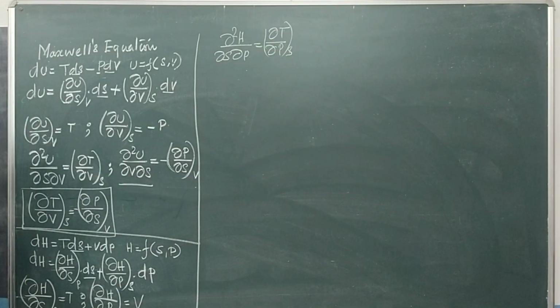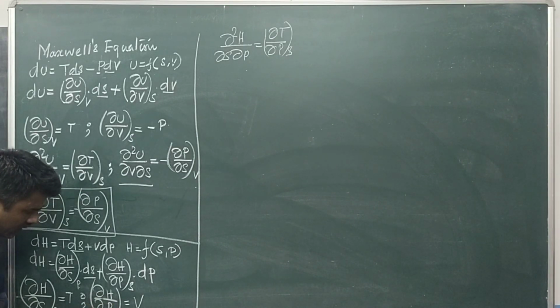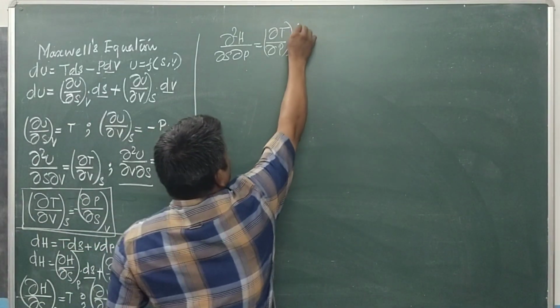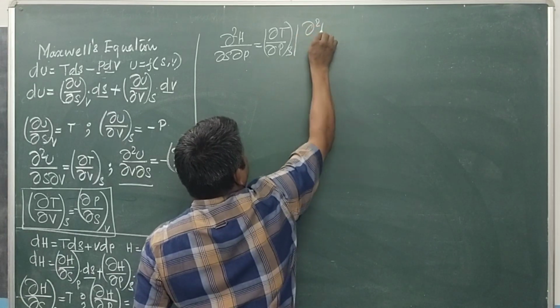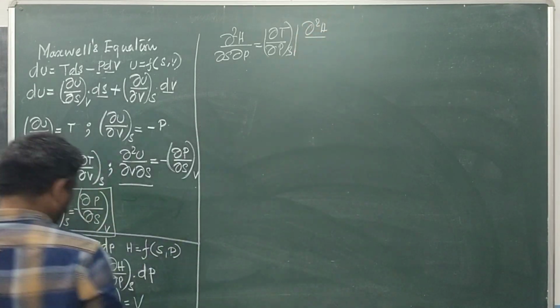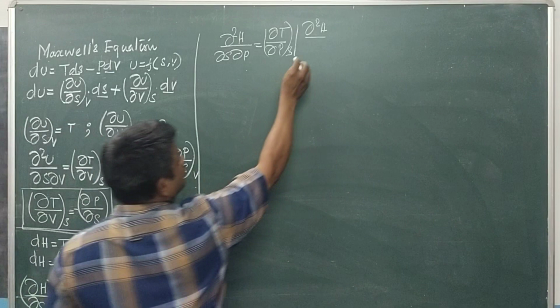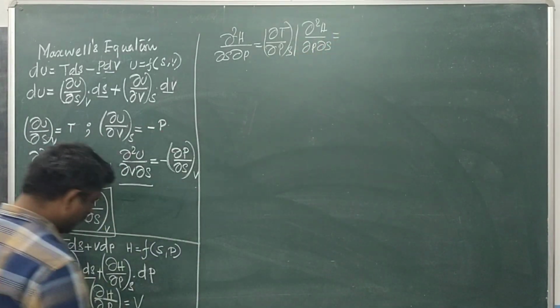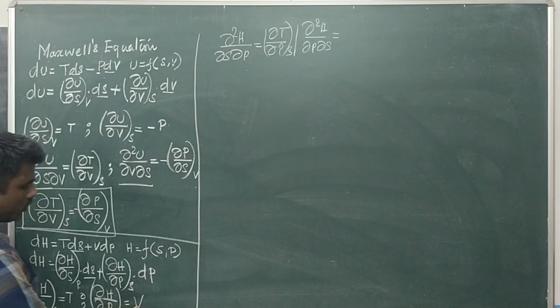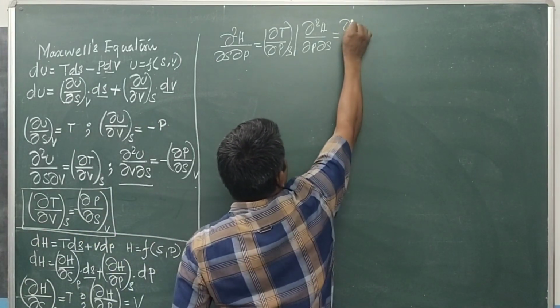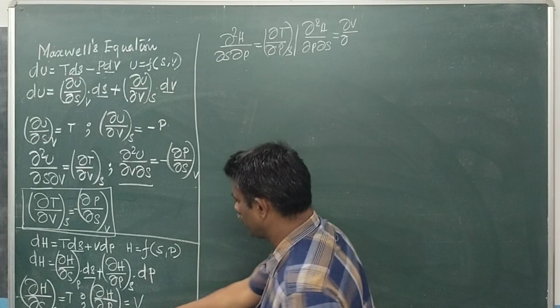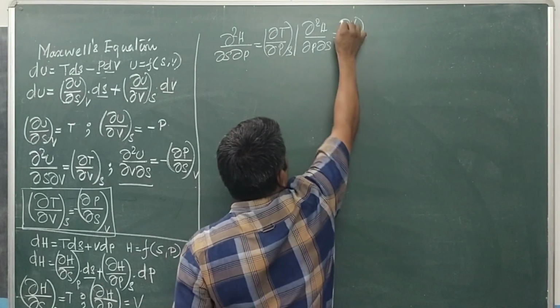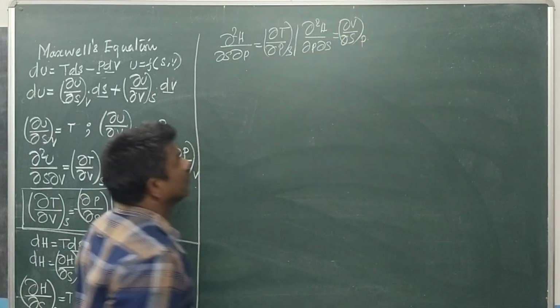In this equation, second differentiation with respect to S at constant pressure: ∂²H/∂P∂S is equal to (∂V/∂S) at constant pressure.